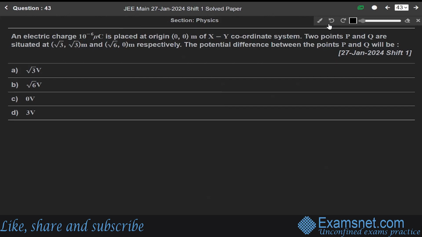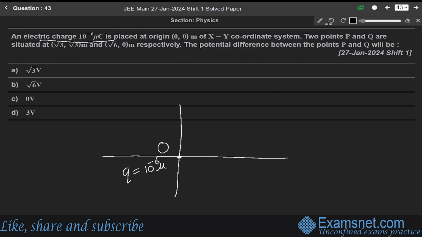This question is also from the current electricity chapter. So we have to find the potential difference. According to this question, let us say at origin, this is point O. At point origin, an electric charge is situated. Let us say the charge is given as 10 to the power minus 6 microcoulomb.